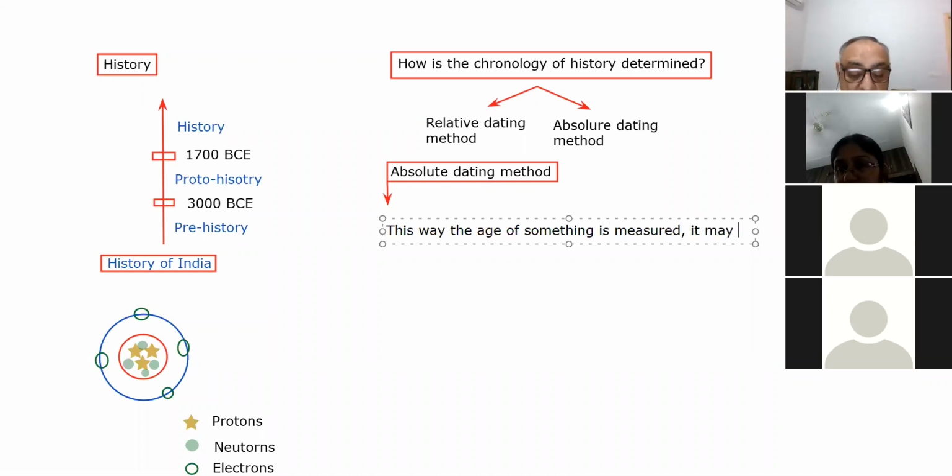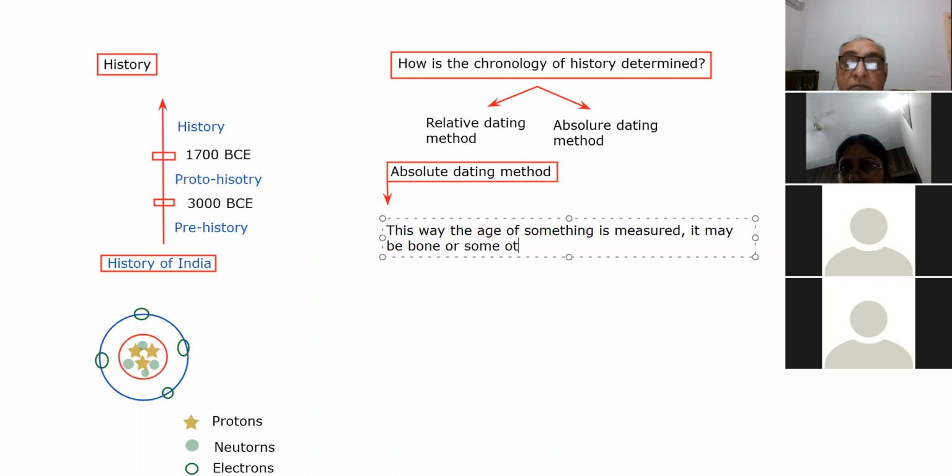It may be bone or some other material. So in this way, we determine the life, the age of different materials. Okay, is it clear? Is it clear?